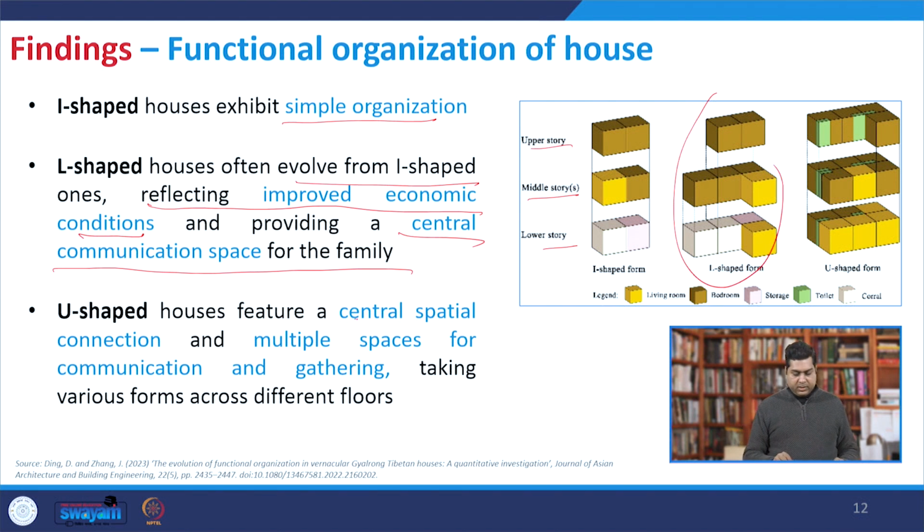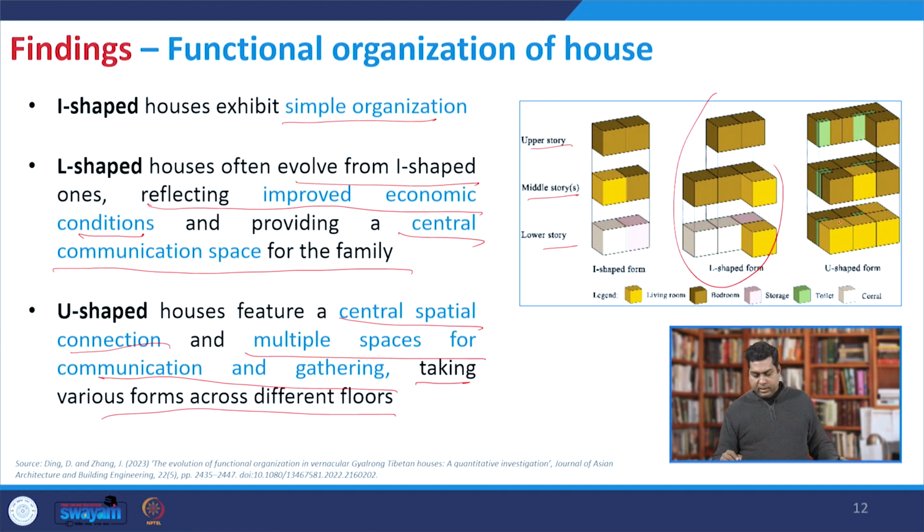U-shaped houses feature a central spatial connection and multiple spaces for communication and gathering, taking various forms across different floors. Here you can see the addition of the toilet block, then some other living room that you can have here. This is a good representation.